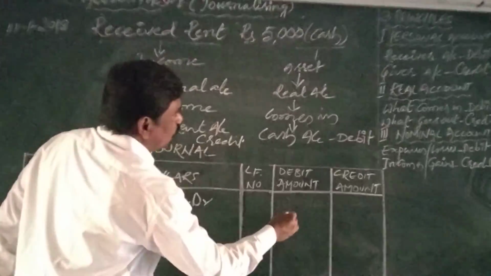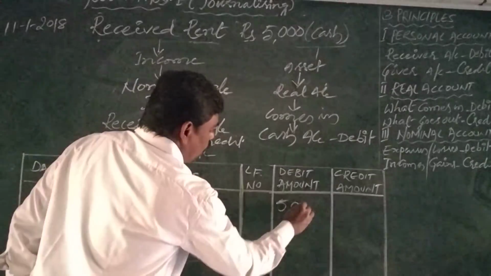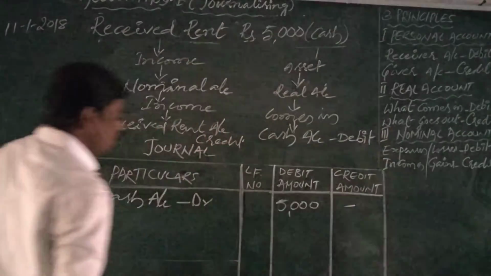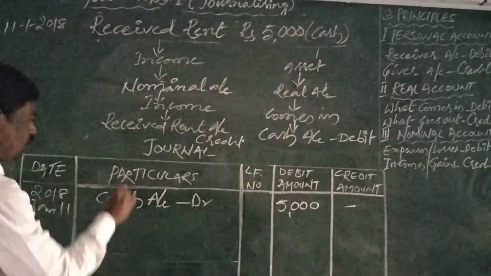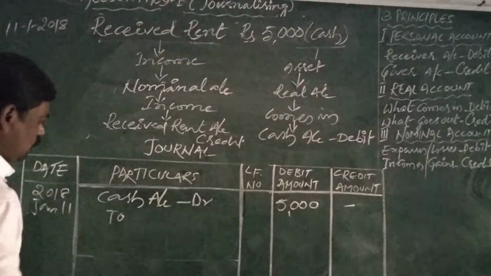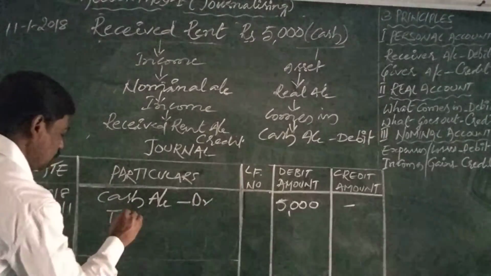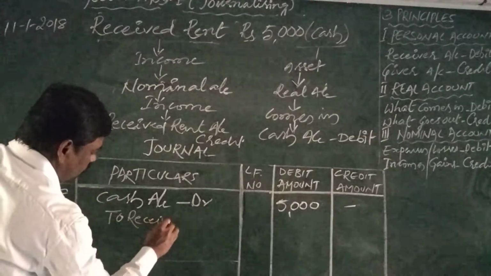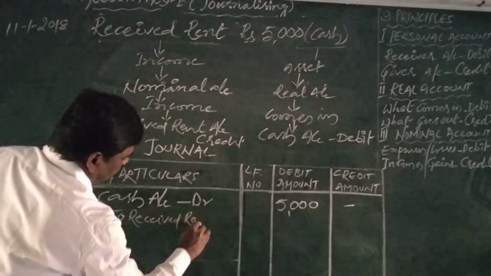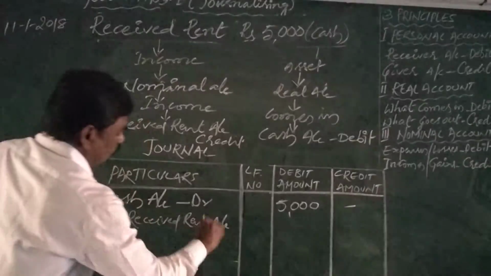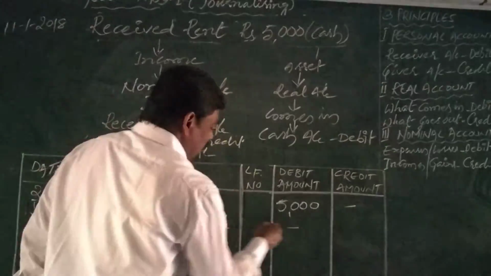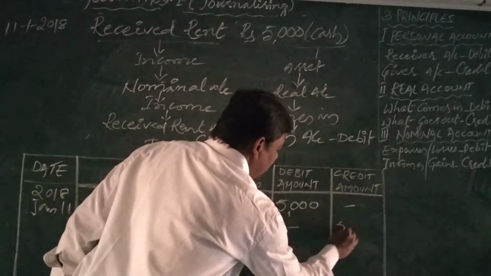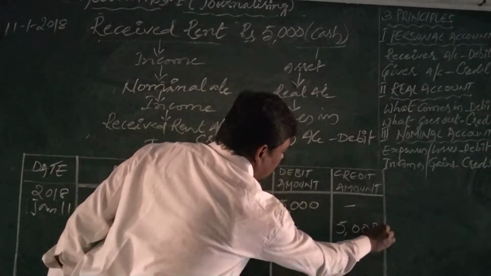In the debit column, you write the amount rupees 5,000. Okay, students. And which is the credit account here? Rent received account, or received rent account. So in the credit column against this account, you write the amount rupees 5,000.